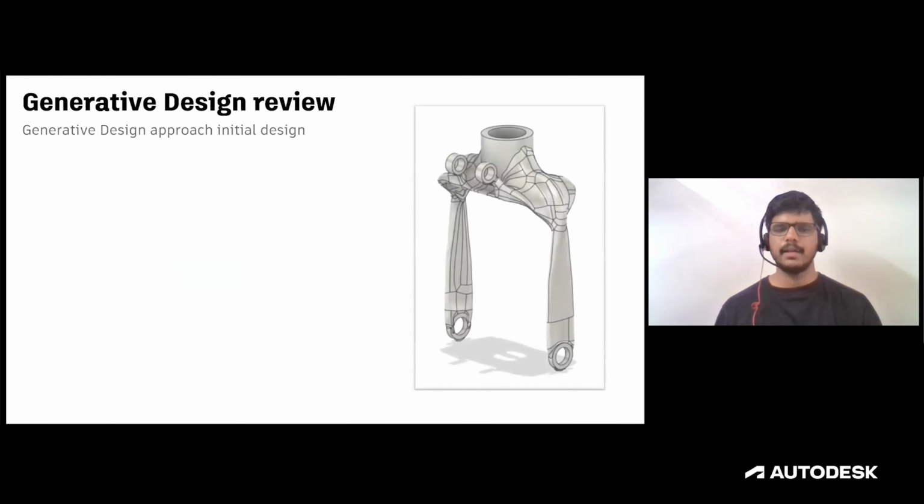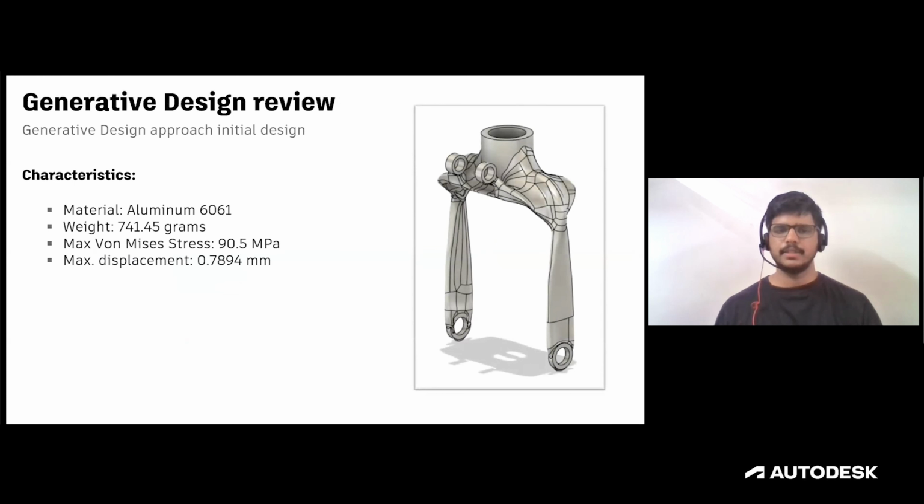Just like how we had a review of our standard generic design earlier, let us now have a quick overview of our design from the generative design process. As said earlier by my co-speaker Abhishek, our case study involves a comparison using the same material. Hence, the material remains the same, that is, aluminum 6061.